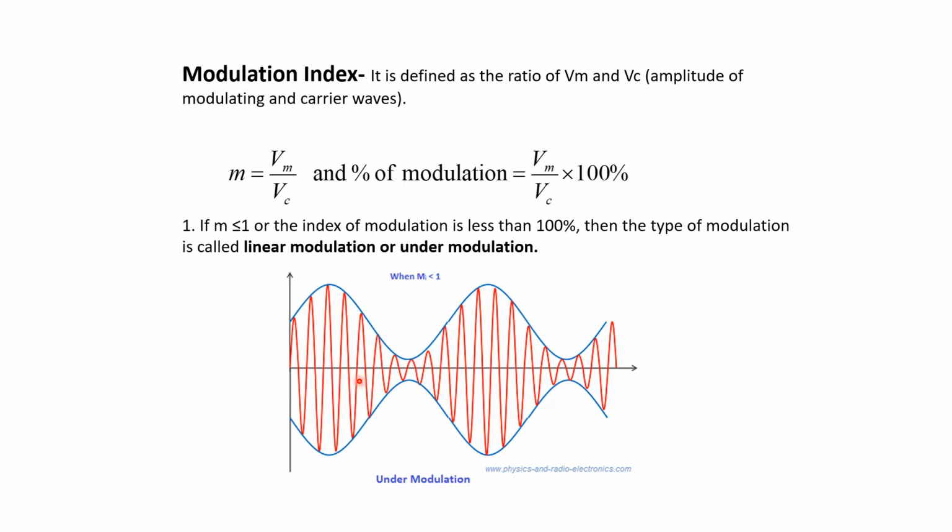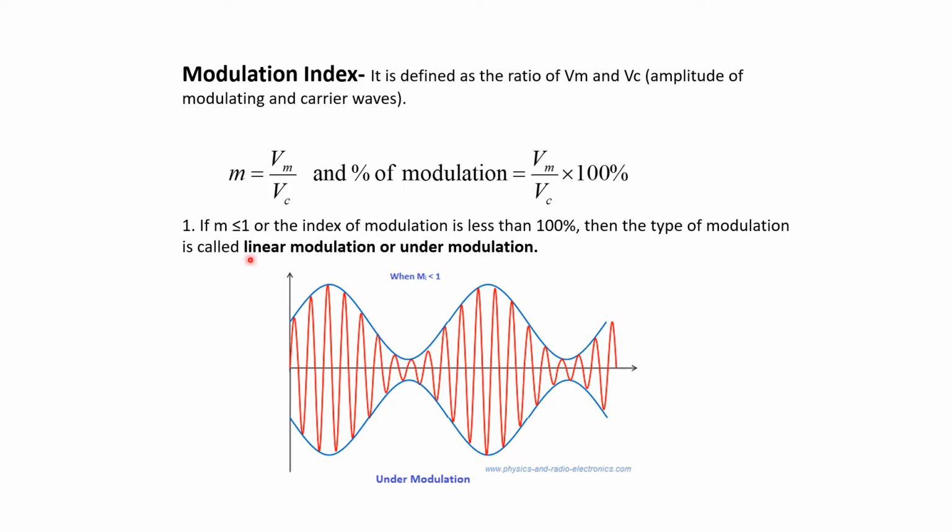So when the envelopes of the positive side and the envelope of the negative side do not touch each other, then it means that the index of modulation is less than 1, and it is called linear modulation or under modulation. And in practical purposes, this kind of modulation, that is linear or under modulation, is the most commonly used type of modulation.